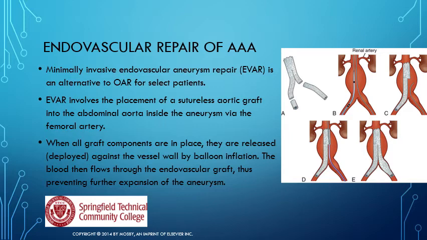So the doctor is going to go in through the femoral artery and bring this graft piece by piece into place. And when they're in place, they are deployed against the vessel wall by balloon inflation. So the blood flows through this graft and prevents further expansion of the aneurysm. And it's all done with catheters.